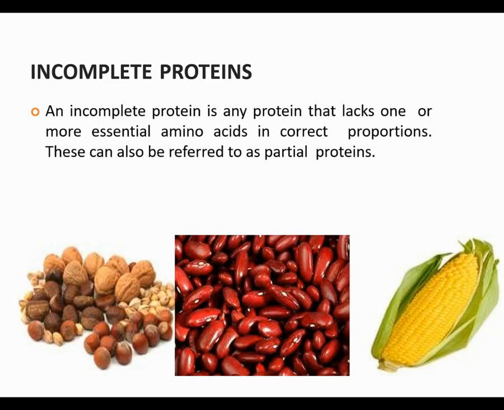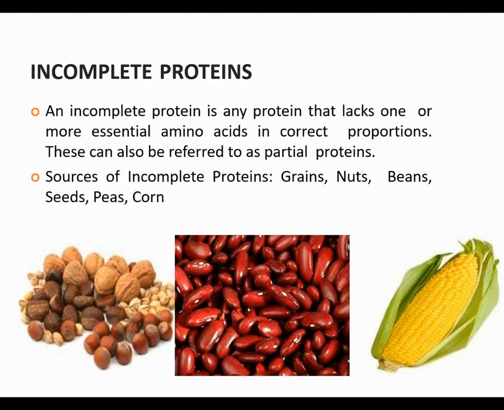Examples of those are grains, nuts, beans, seeds, peas, and corn. That is the difference between complete protein and incomplete protein.